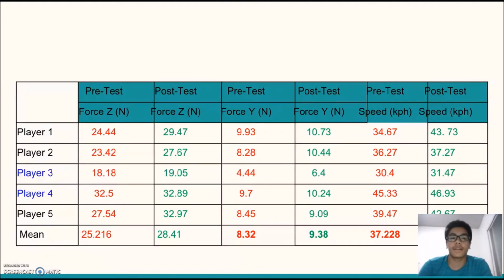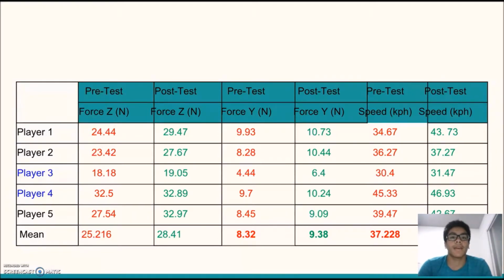However, their speeds are significantly different as compared to the force Z, Y. So we can attribute that to their difference in force Y, which is the force and acceleration during the follow-through phase. So we can say that player 5 had a weaker follow-through phase as compared to player 4.